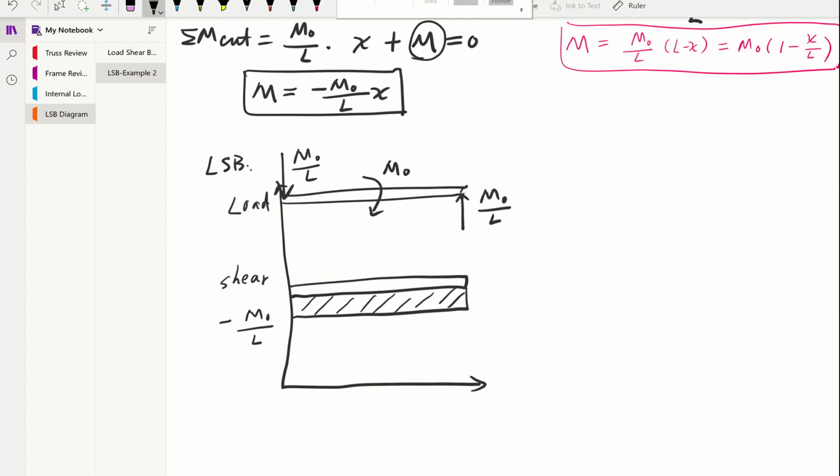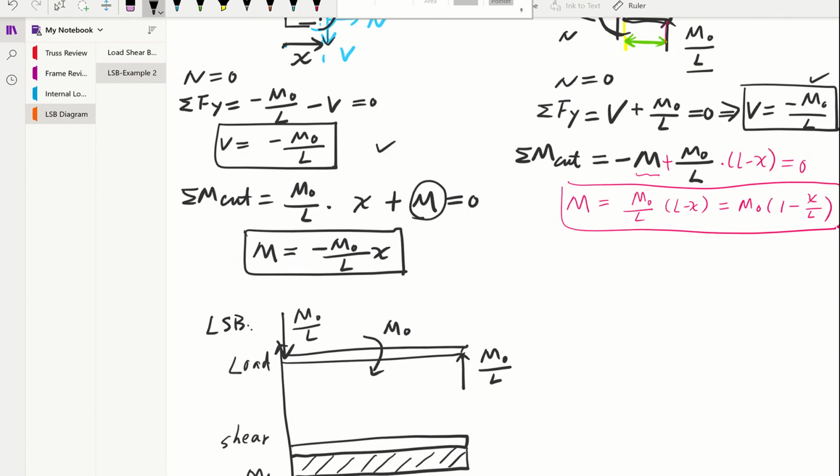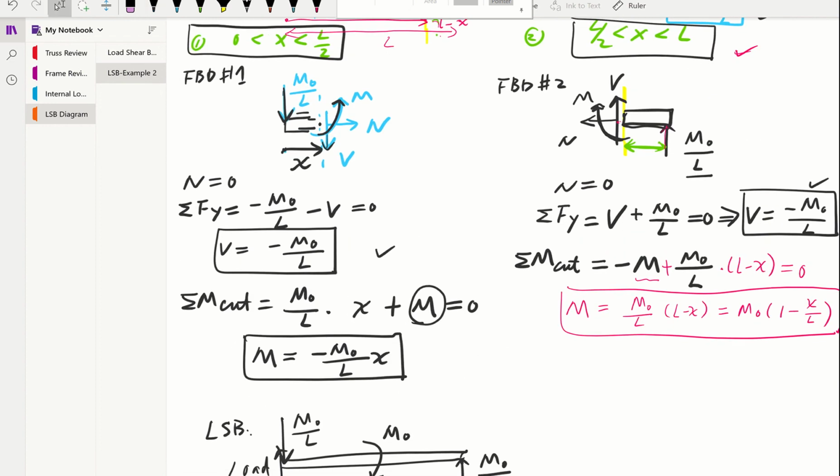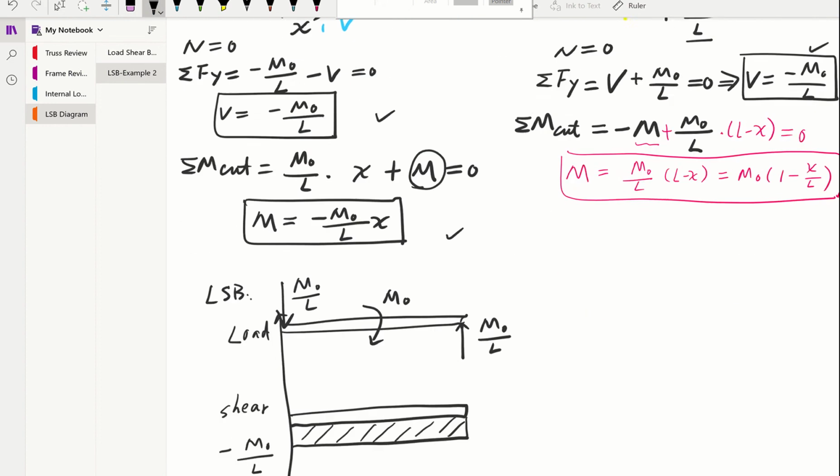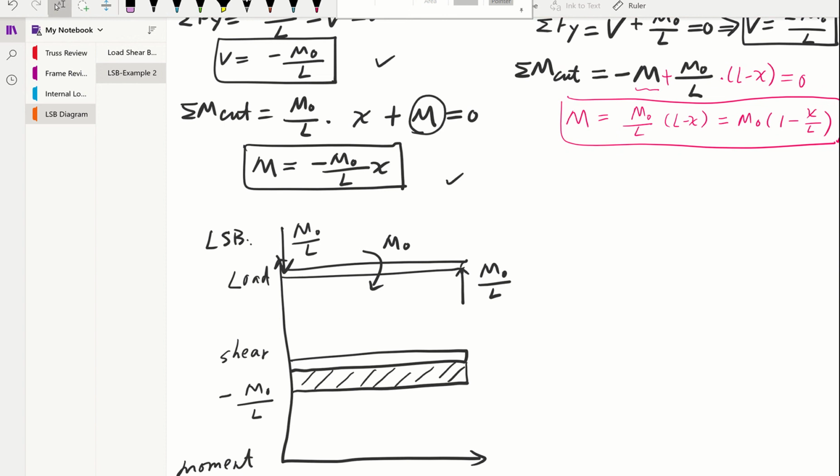The last tier is our moment. For our moment, the first half of the beam will have this expression for bending moment. And thinking about how do we draw this, a good procedure to do is exactly what we did last time. We are going to put those beginning and end points.